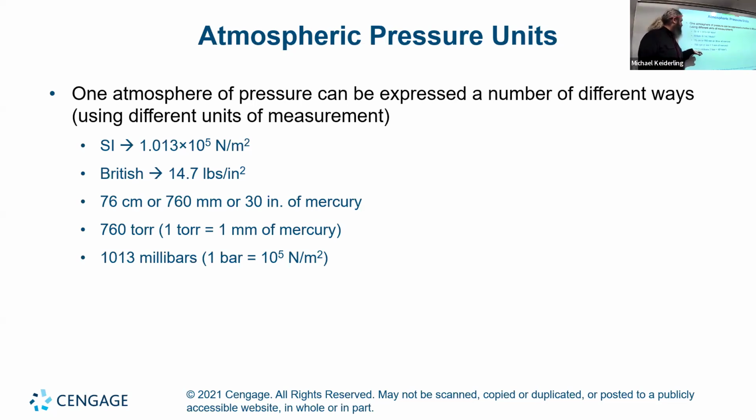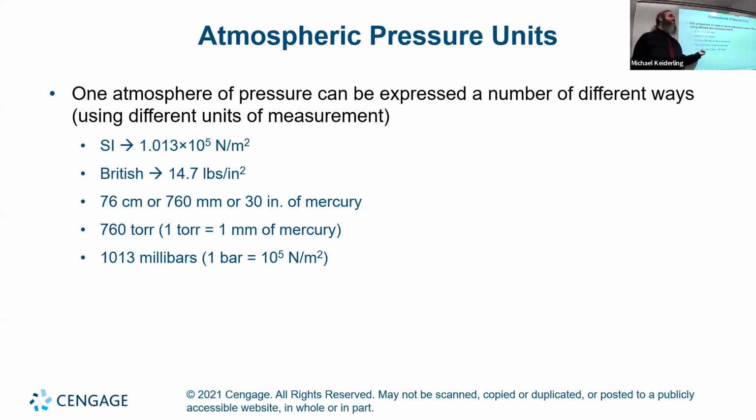So 1013 millibars, where bar is an old unit from the CGS units that happens to be very close to 1 atmosphere, which makes it super convenient. So 1 bar is 10 to the 5th newtons per meter squared. So 1.013 bar is 1 atmosphere.